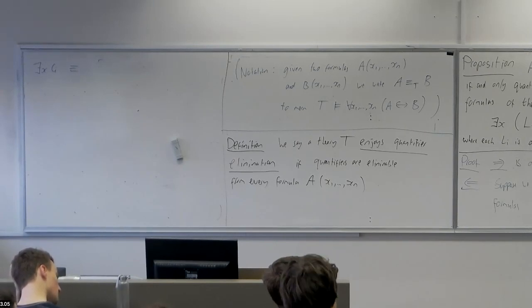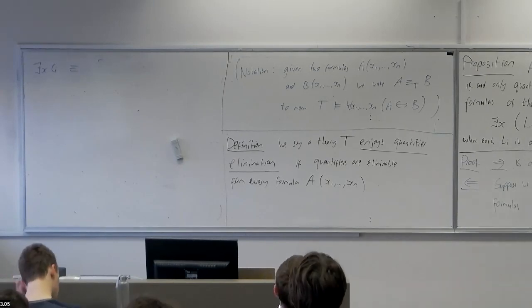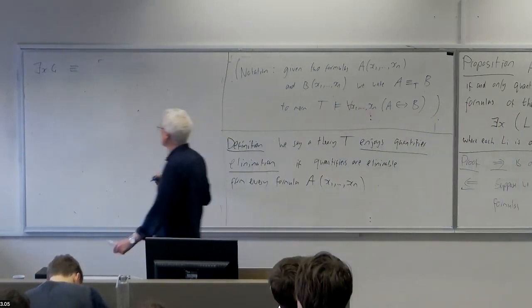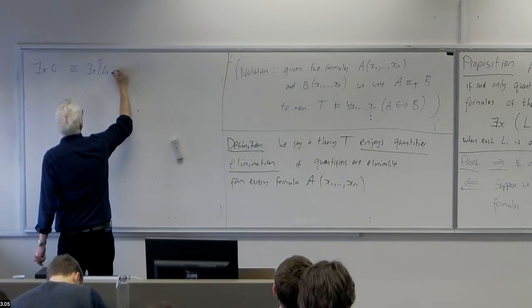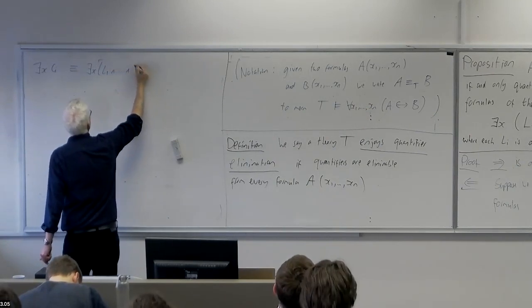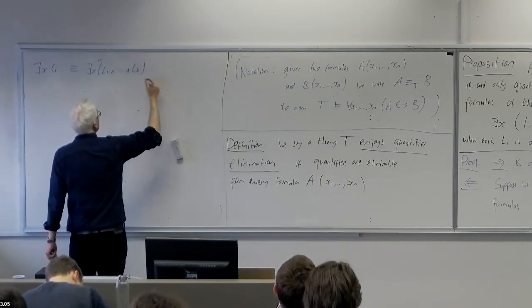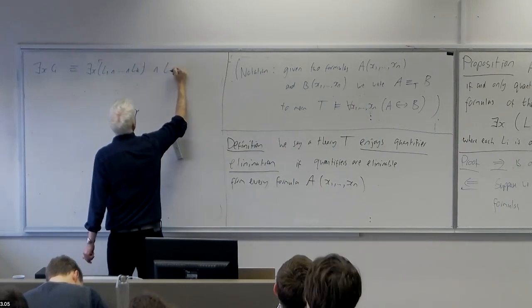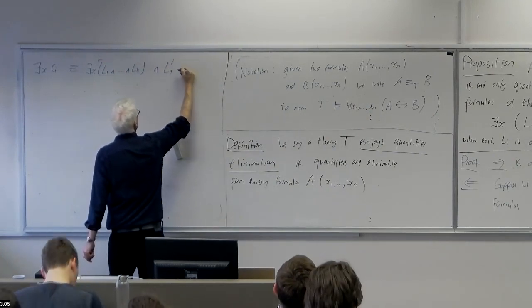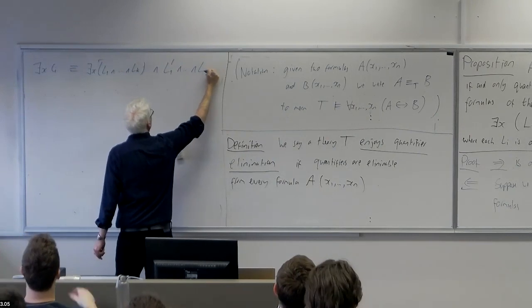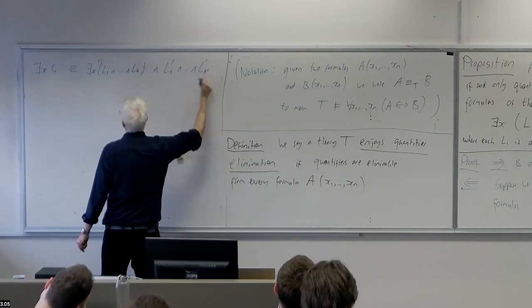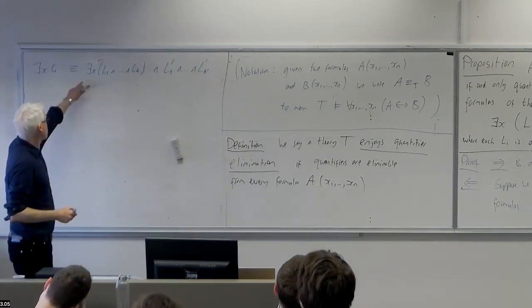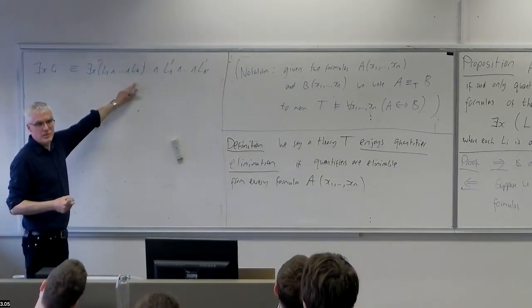So we can pull all these L primes out. This is equivalent to exists X (L1 and ... and LK), and L'1 and ... and L'K'. And this is exactly the form star that we started with.